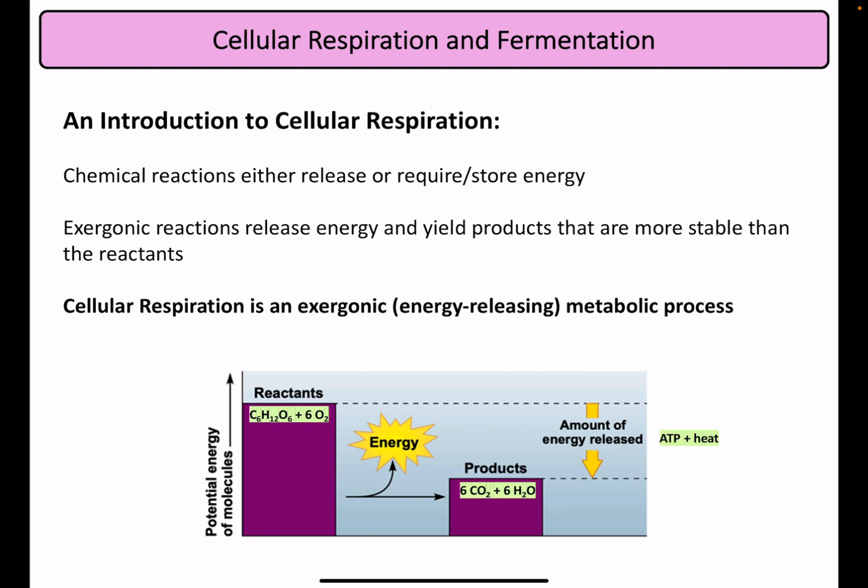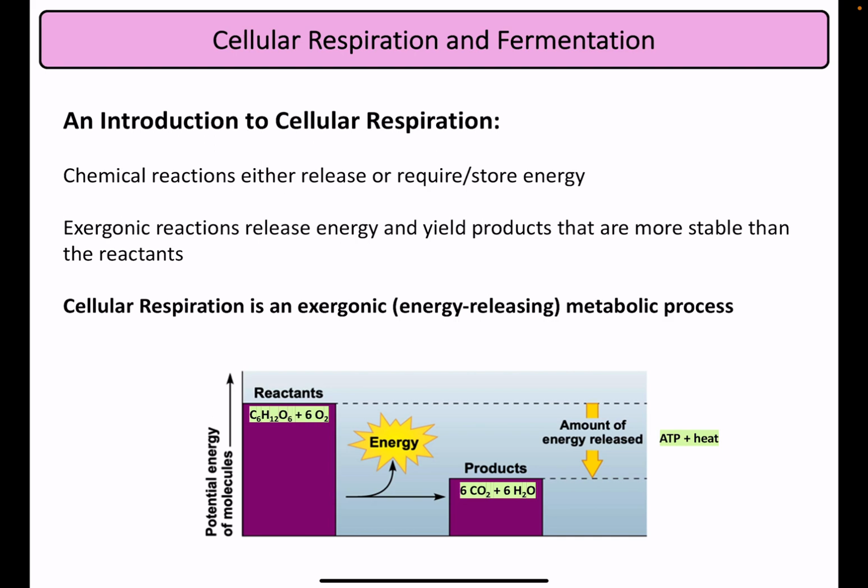And conversely, when you are building a bigger molecule, that generally requires an input of energy. So since here in cellular respiration we're breaking down food, we are releasing the energy of that food. We have a special name to refer to that, and that term is exergonic, which is just a fancy term for energy releasing process.